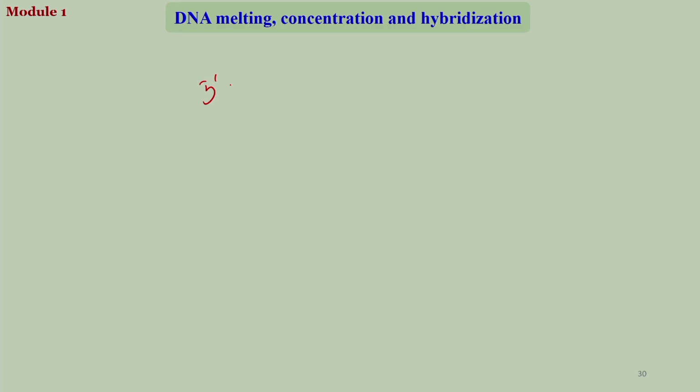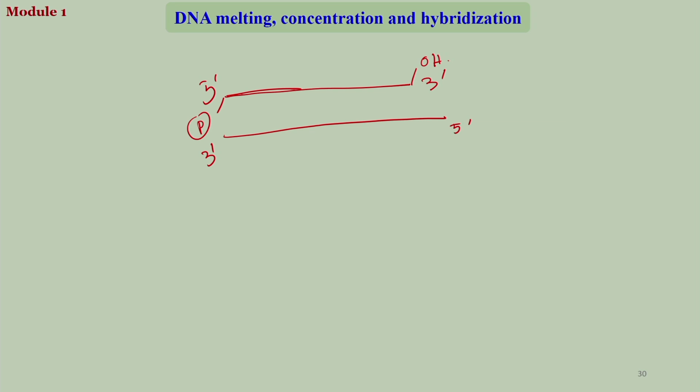Now, usually when you write a DNA, as I have mentioned before, we write it in 5 prime to 3 prime orientation. 5 prime is phosphate and 3 prime is hydroxyl. When you write a DNA double strand, the convention is you write it in this fashion, 3 prime and 5 prime, and then you write the sequence of the DNA.